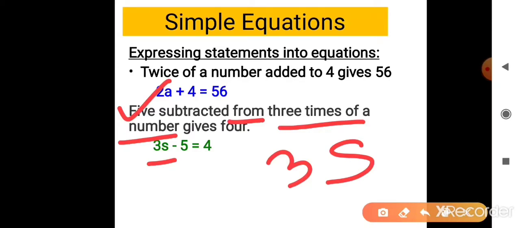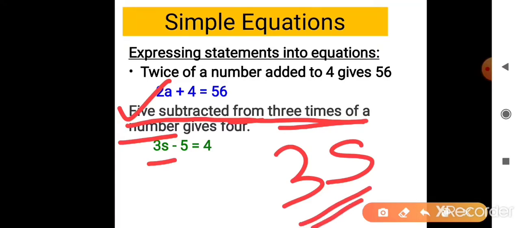Okay. Now, as the statement reads, 5 needs to get subtracted from 3 times of the number. It's not like we have to subtract 3s from 5, but we have to subtract 5 from 3s.